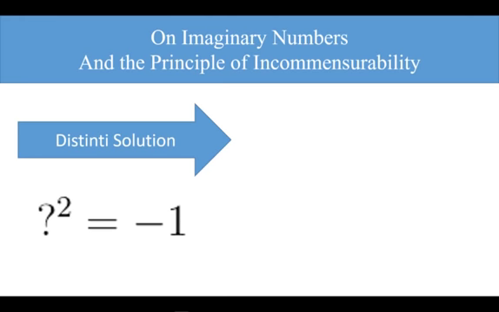What 2D matrix multiplied by itself is equal to the matrix on the right? The matrix on the right is the negative identity matrix. So what matrix multiplied by itself is equal to the negative identity matrix? Using matrix math, this problem is quite easy to solve.